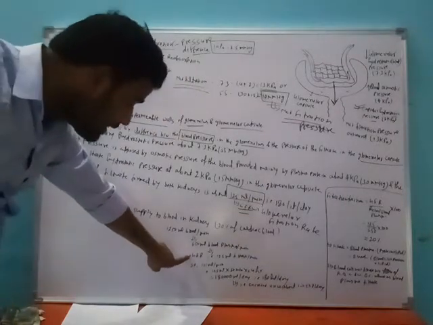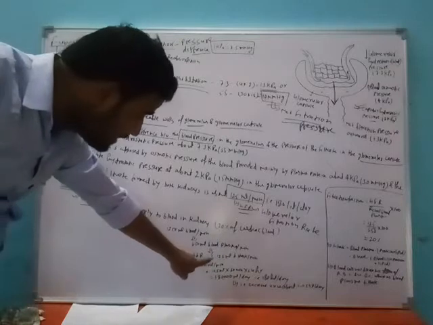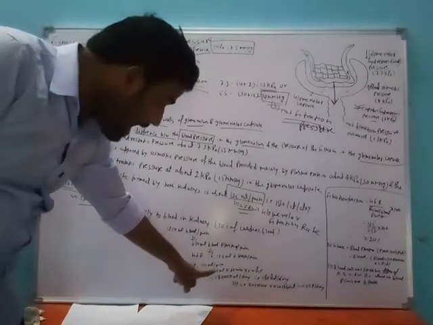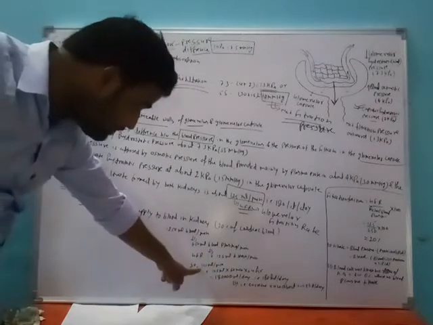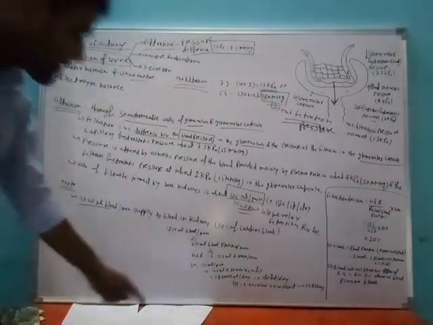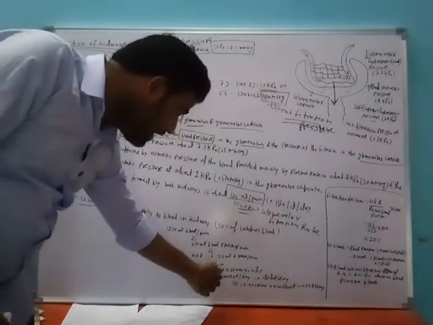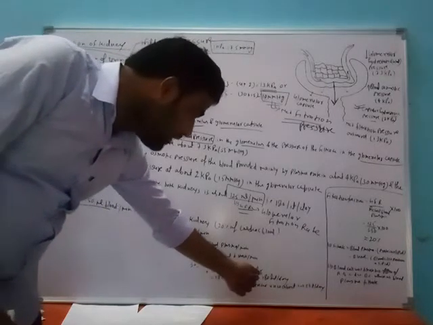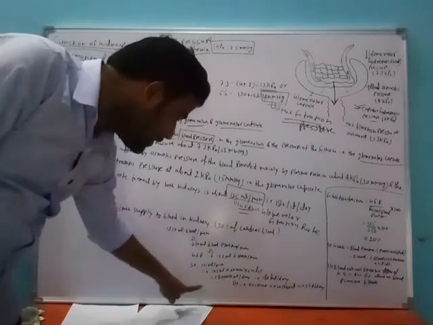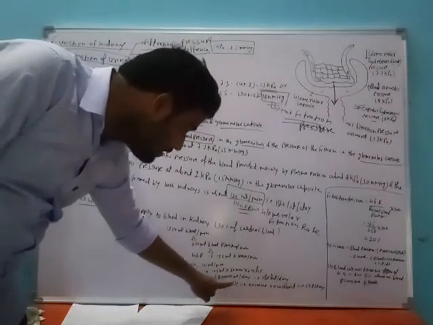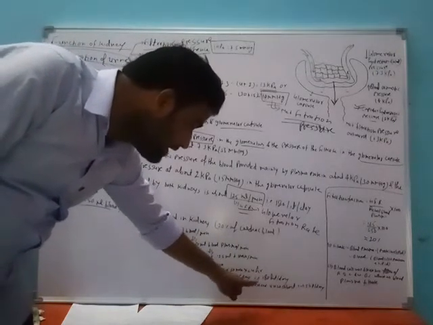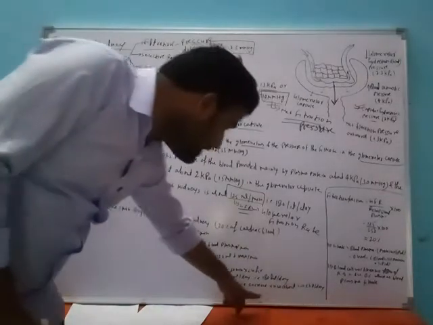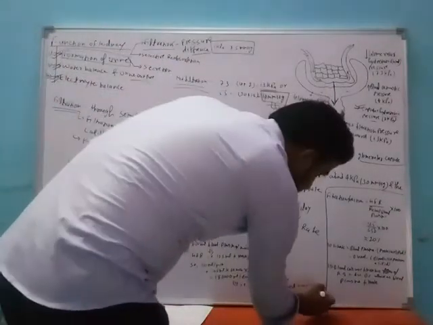GFR, glomerular filtration rate, is 125 ml per minute, so 125 into 60 minutes into 24 hours, that is 1,80,000 ml per day, that is 180 liter per day filtration, while excreted urine is about 1 to 1.5 liter per day.